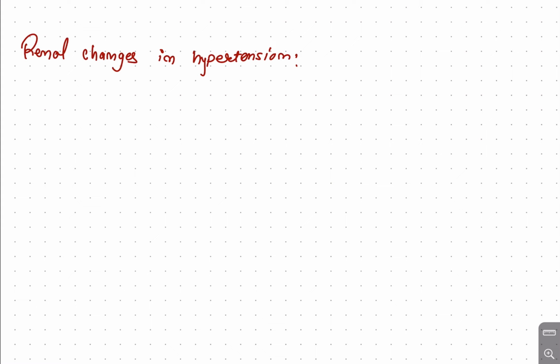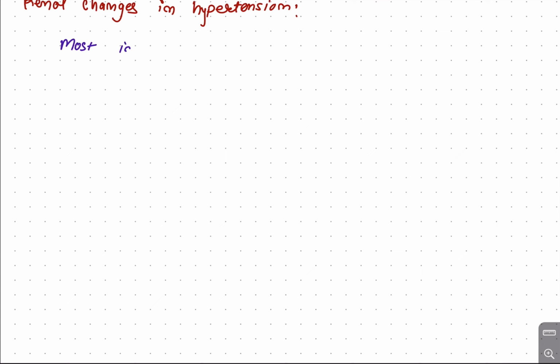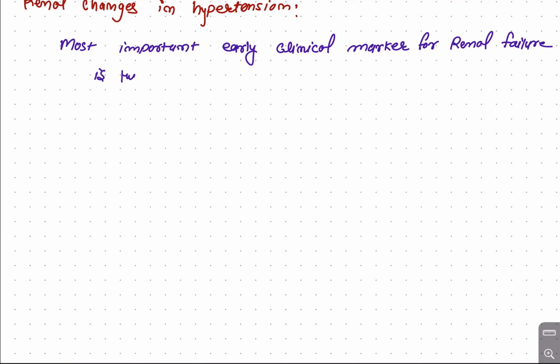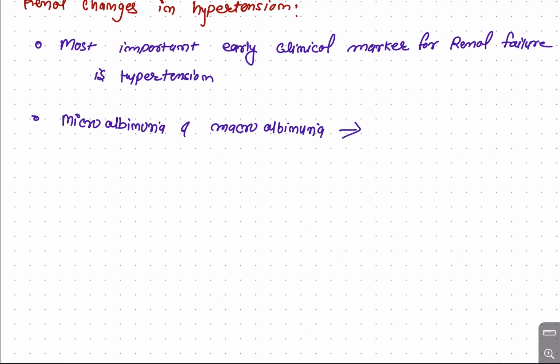So we can write: microalbuminuria and macroalbuminuria, estimated by the radioimmunoassay.